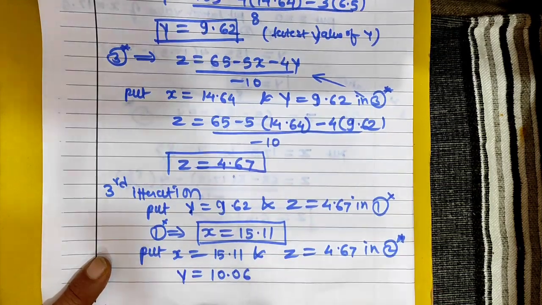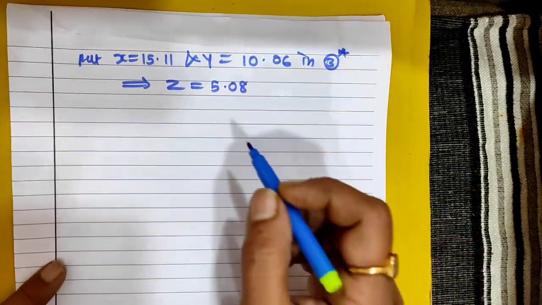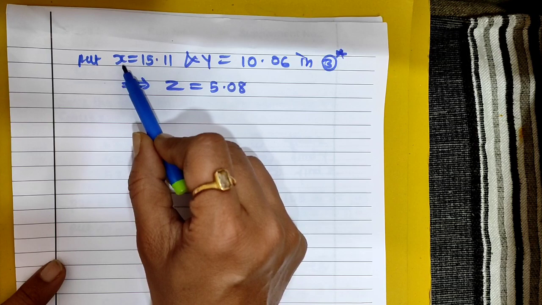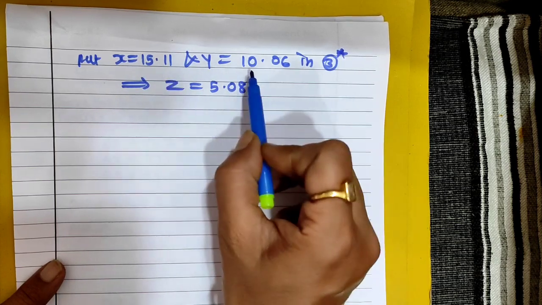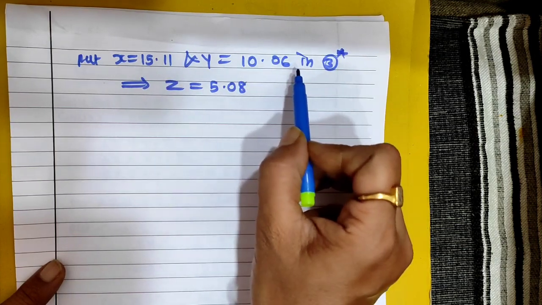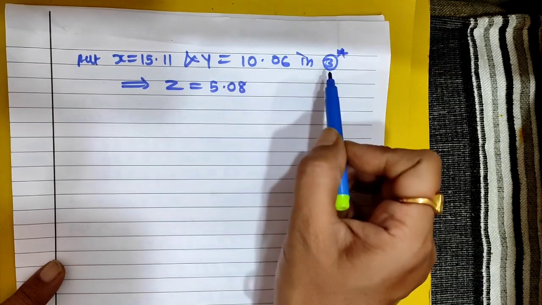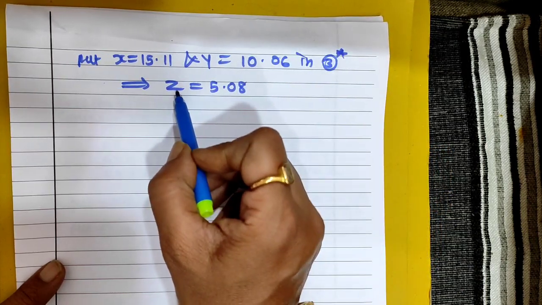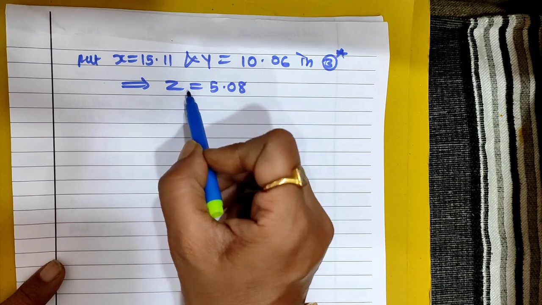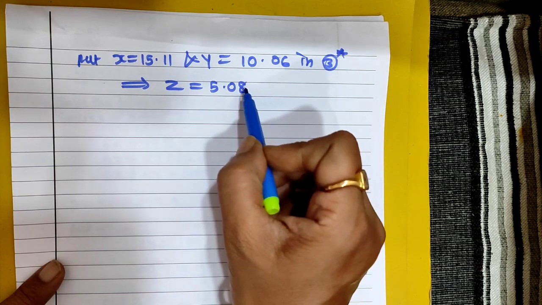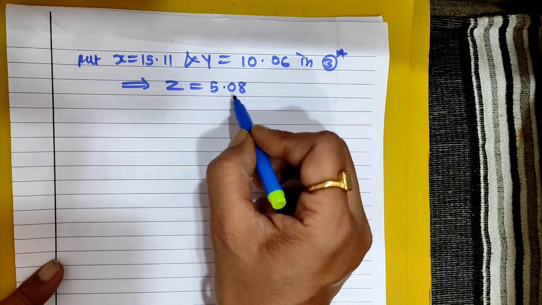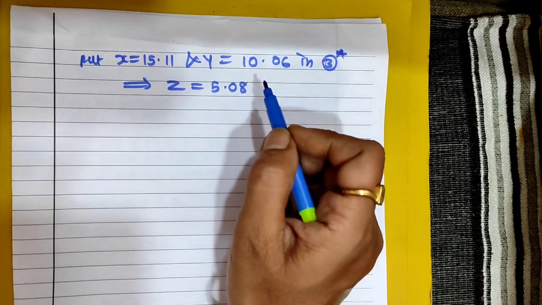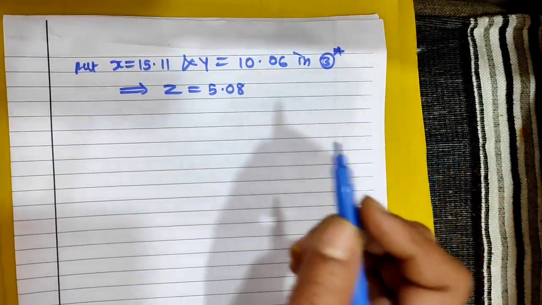Now we have the latest values x equal to 15.11 and y equal to 10.06, so again we put them in equation 3 star for the latest value of z. After calculation, I got 5.08. This is our third iteration.